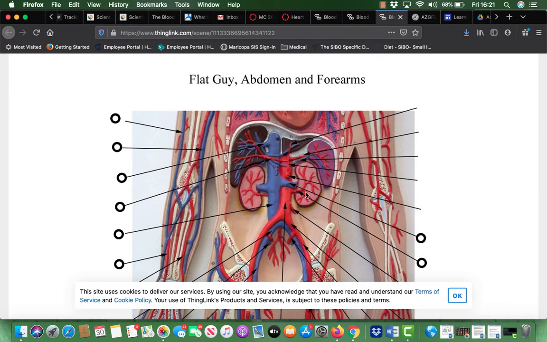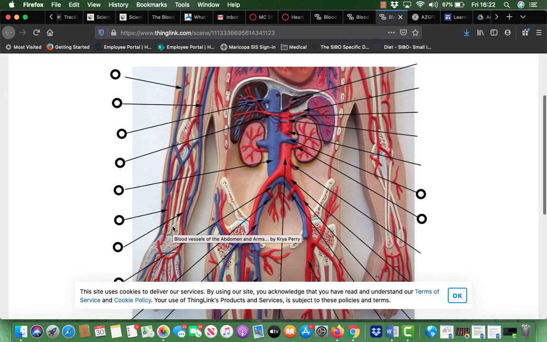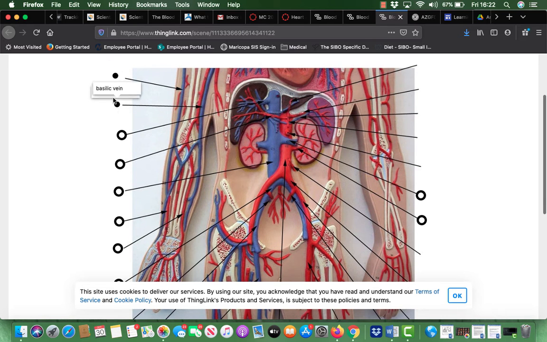I'm happy if you just mark renal artery and renal vein. So again, renal is the term that we use for the kidneys, renal artery and renal vein there. So that, I think, covers most of what you needed to know for the trunk of the body. So now let's go into the legs.